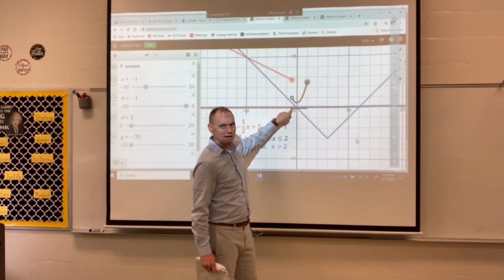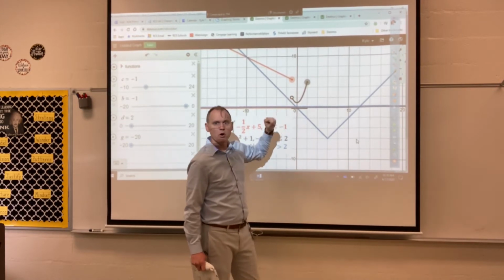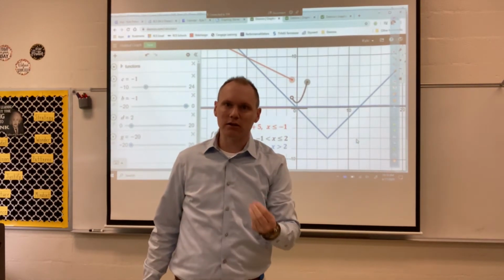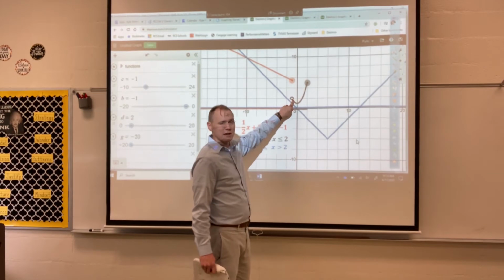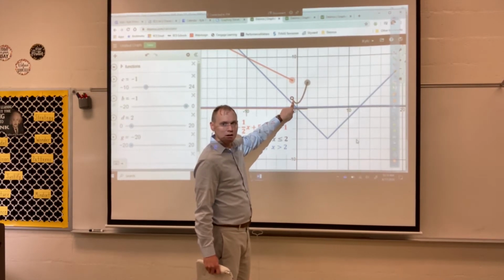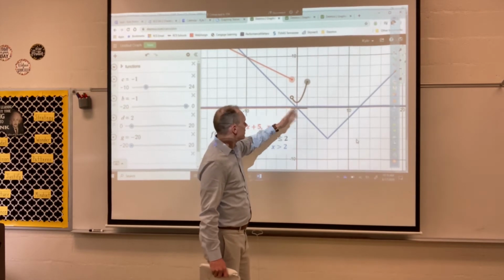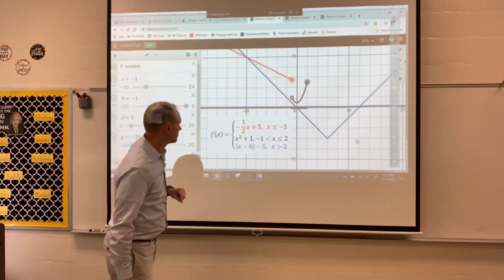That output value at -1 is way up here, not here. So that's why we have the open circle to show you that it's not existent right there at that one point. Okay? But at -0.999999999, we do have a value there. So again, we've got to make it to where every input has exactly one output.